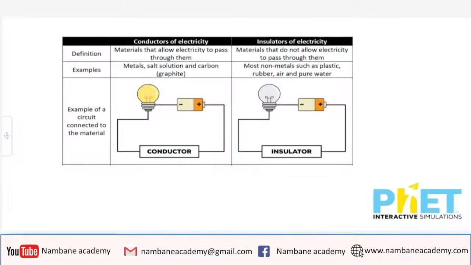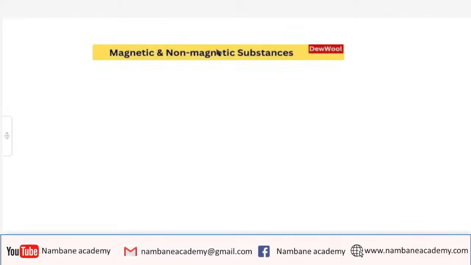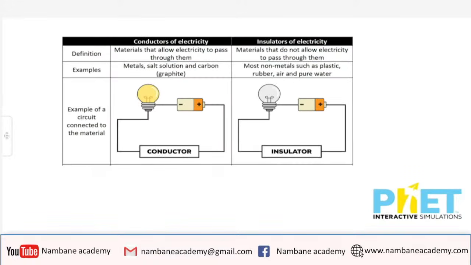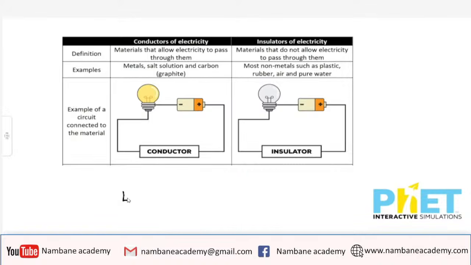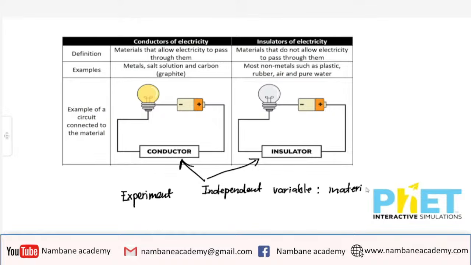Right. So I just wanted to go back. Oh no, it's actually not back, it's forward. So right now we've done a brief experiment. I just want to add it here. In this experiment, this part here, remember we were choosing them. So this was our independent variable, the materials that we chose, because we chose all of those materials.